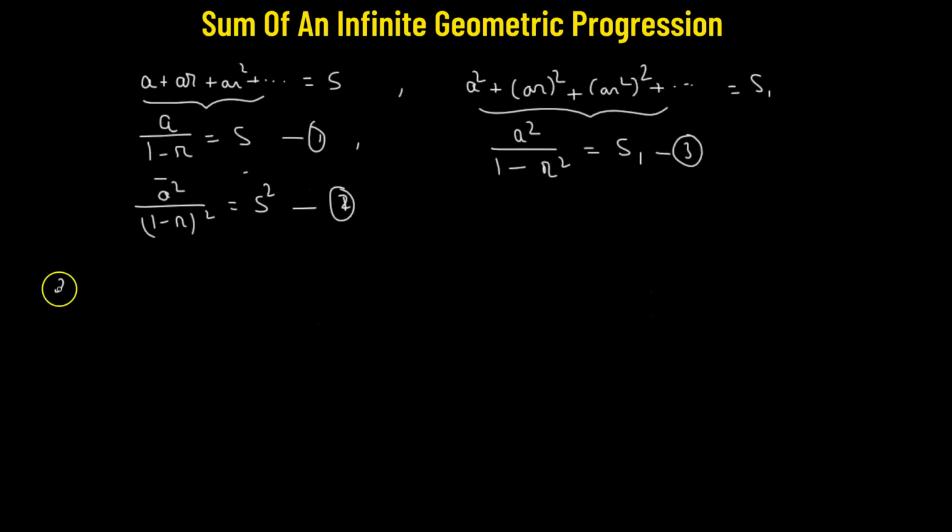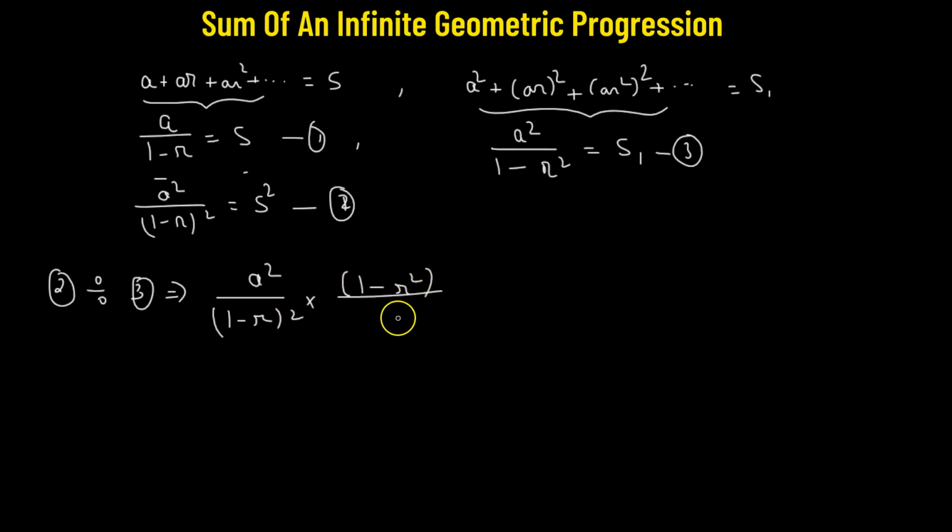Now let's divide equation number 2 by equation number 3, which is going to give us A squared divided by (1 minus R) whole squared, multiplied by 1 minus R squared divided by A squared, equal to S squared divided by S1.